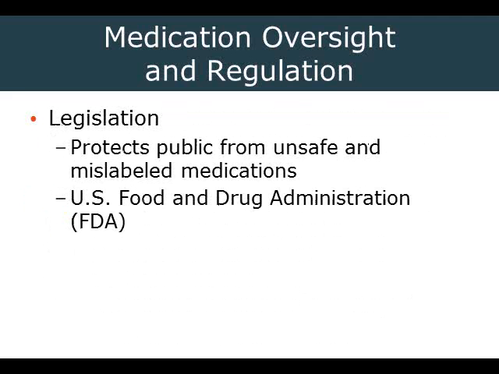When it comes to legislation, it protects the public from unsafe and mislabeled meds. In the United States, the Food and Drug Administration, or the FDA, oversees the medication production and distribution process, and they have many laws that are in place. For example, as an AEMT, you can't just walk into a Walgreens and buy a Narcan off the shelf.